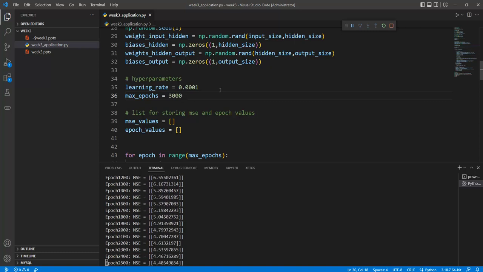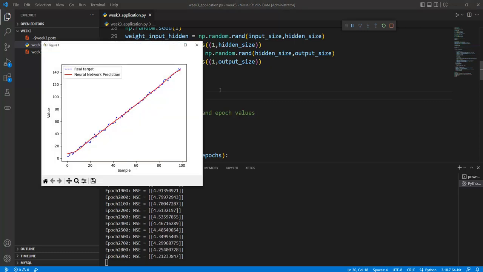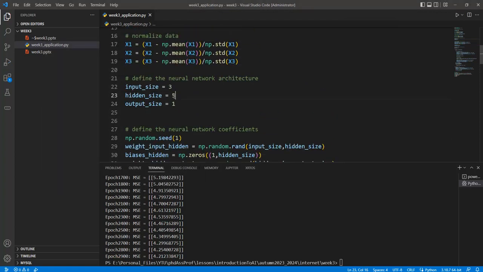But in Keras, especially for TensorFlow, we will have some specific functions to build this model. Or we can change the hidden size parameter.